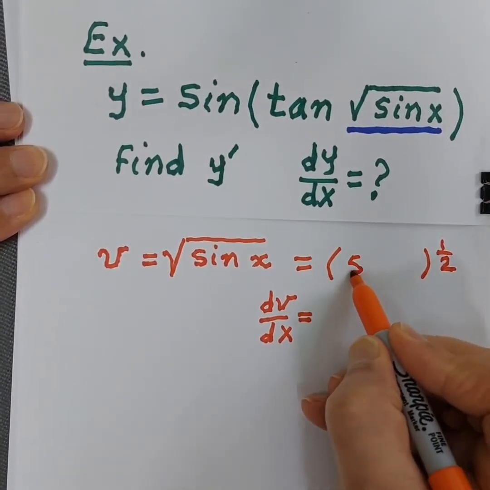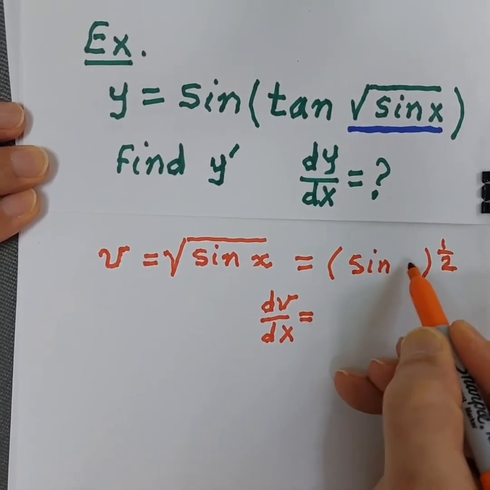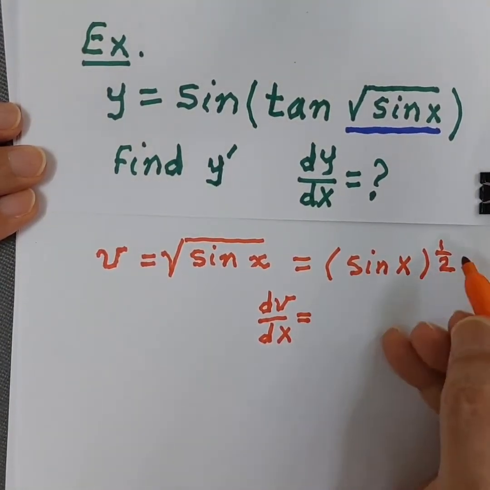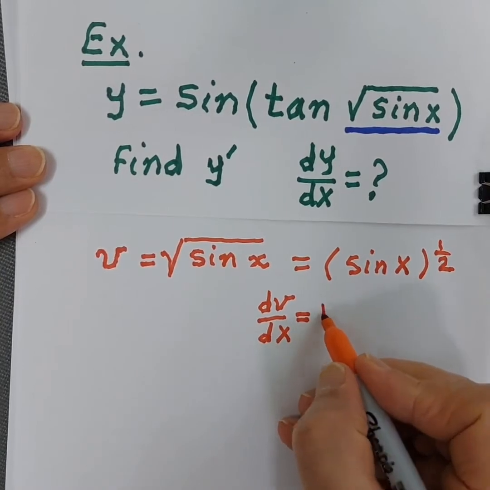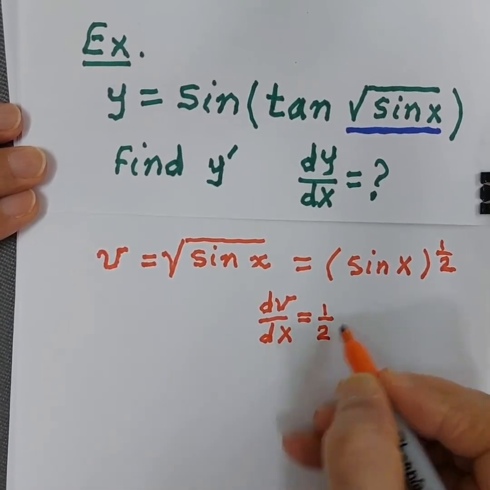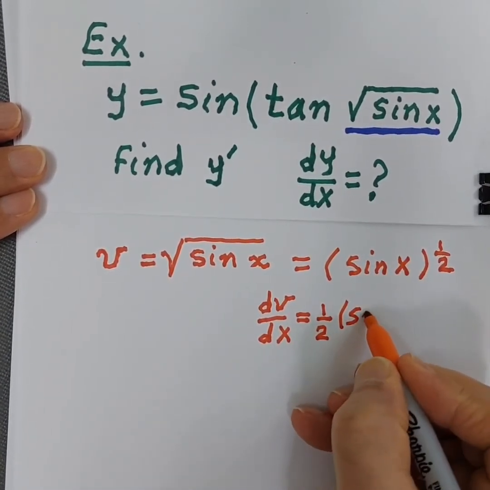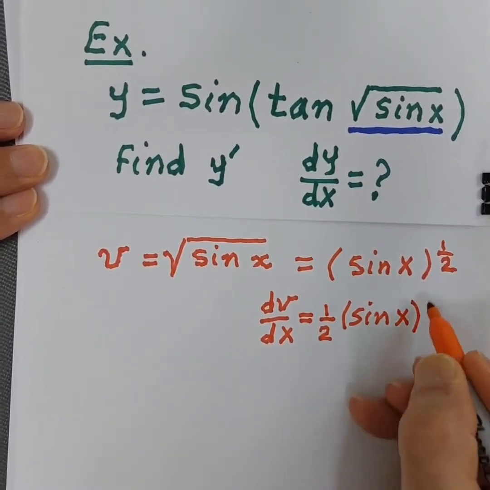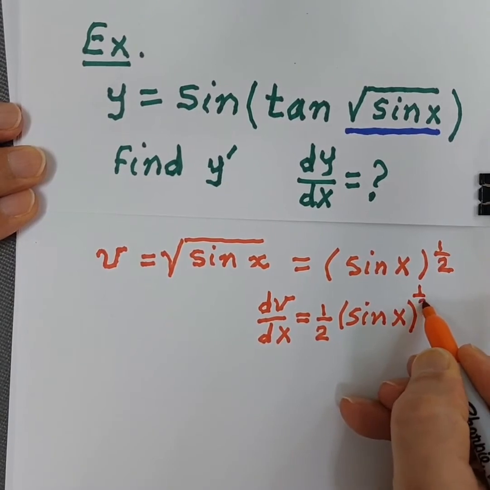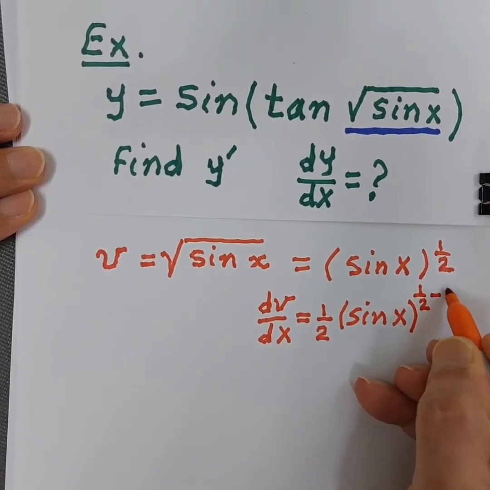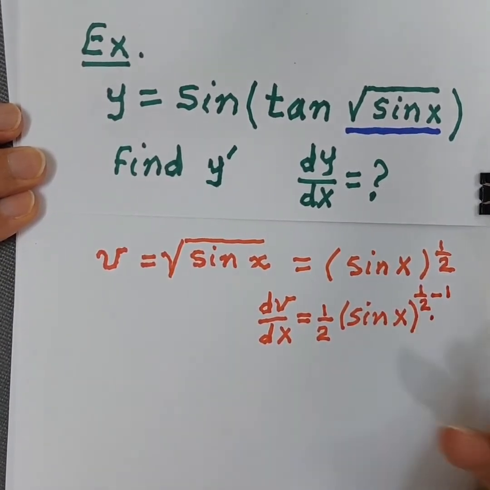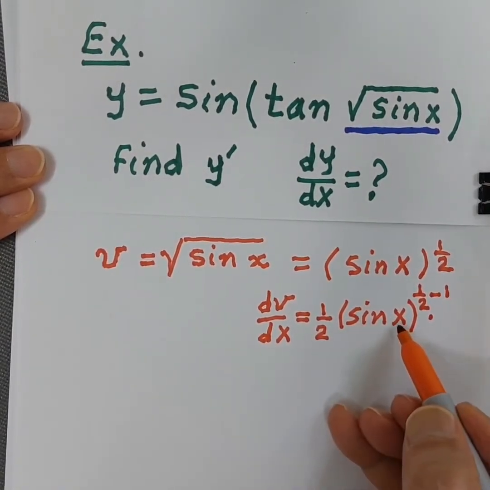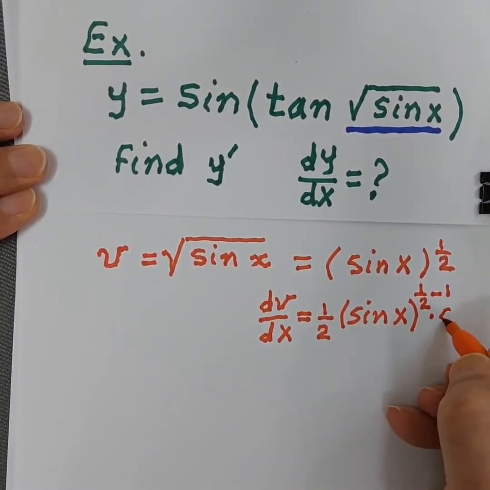So it is like sine x to the power half. So we take half and put it here, sine x to the power half minus 1, times the derivative of sine, which is cosine x.